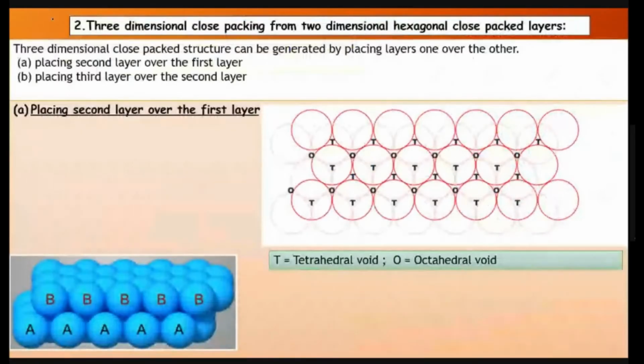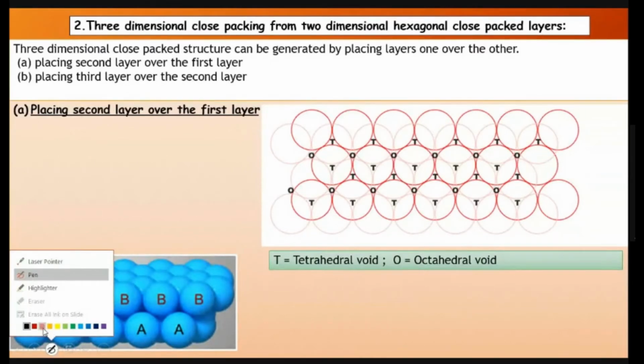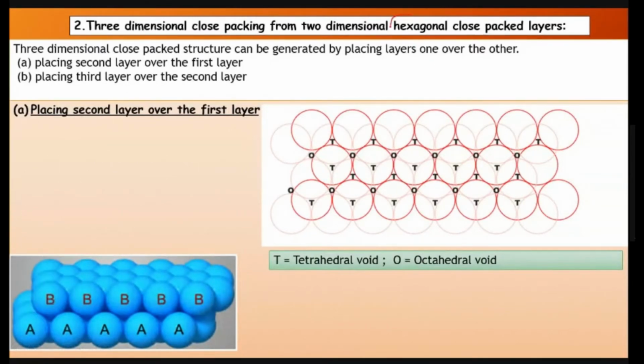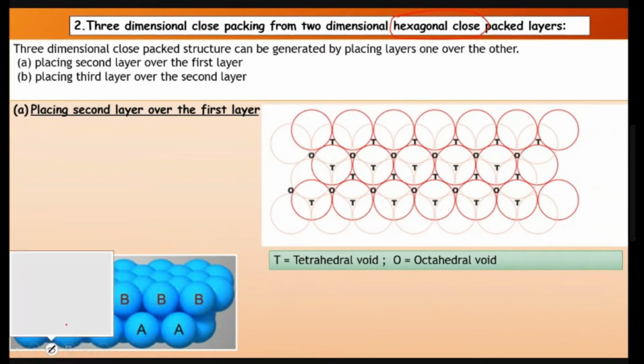We'll move on to the second one: three-dimensional close packing from two-dimensional hexagonal close packed layers. What are we using here? We are going to use hexagonal close packed layers to make a three-dimensional structure.